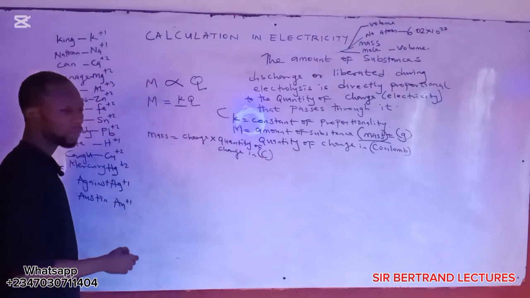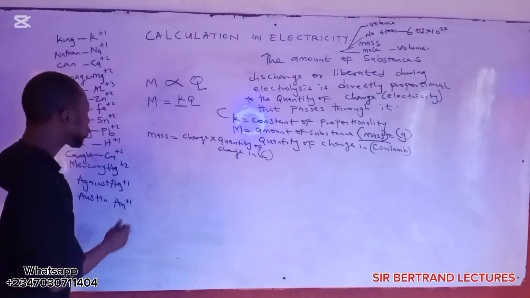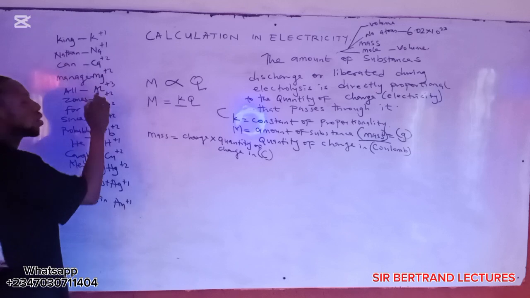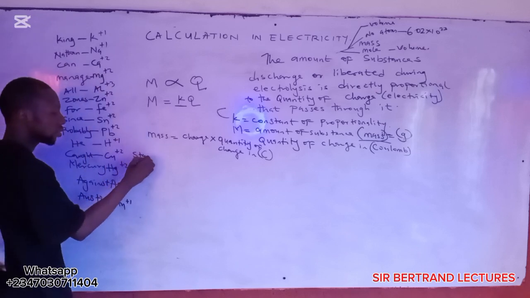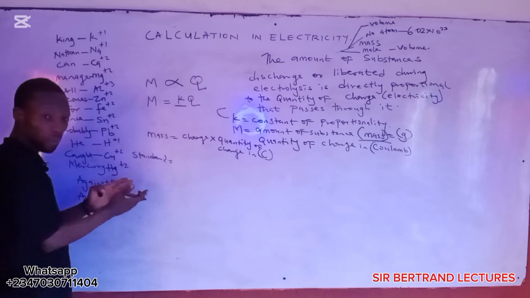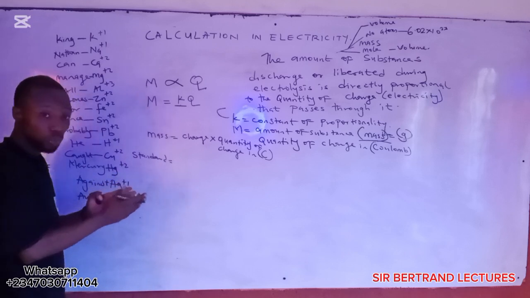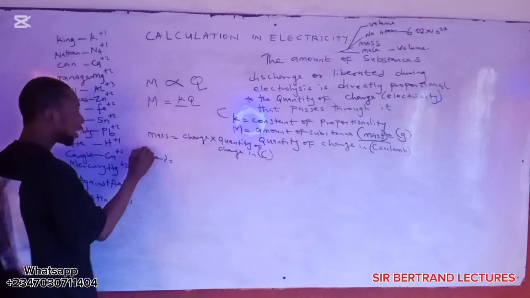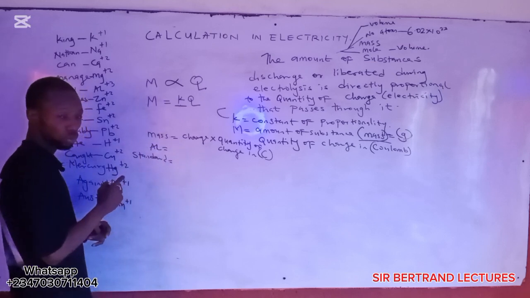Coulombs is symbolized with capital letter C. If you are working with aluminum for the standard, because you have a standard which you are going to compare with the data of the questions given to you. Now the standard, you are working with aluminum, for example.